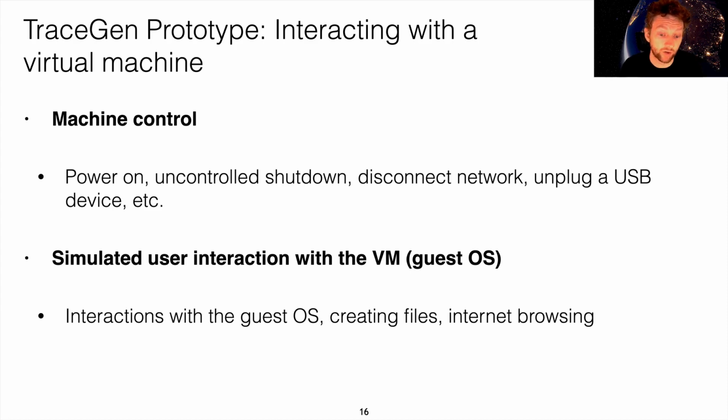They can turn it on, they can pull the plug on it, they can connect or disconnect the network, unplug USB devices, etc. So those external actions need to be recreated, and then you need to actually then simulate the user interaction with the actual software system, the interaction with the guest OS, creating files, internet browsing, etc.